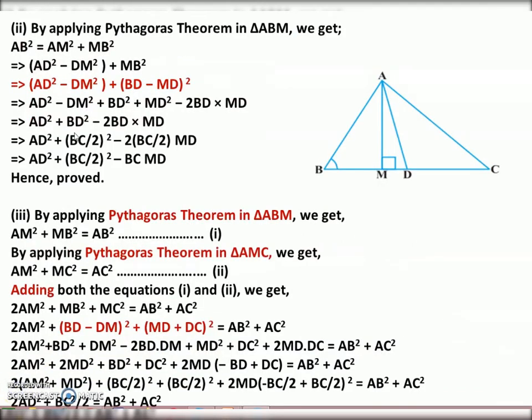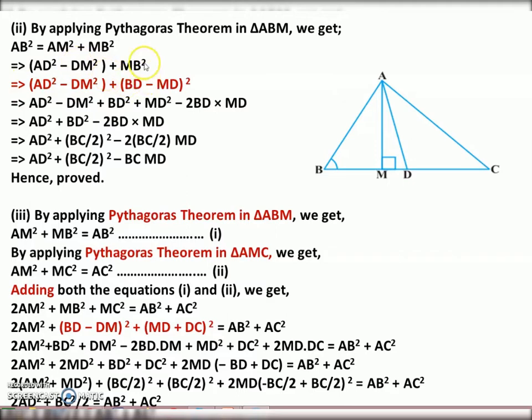Now in the second part, you will apply Pythagoras theorem in triangle ABM, that is this triangle. So you will get AB square is equal to AM square plus MB square. Now here AM square from the previous one has been replaced like this, AD square minus DM square, plus MB square.